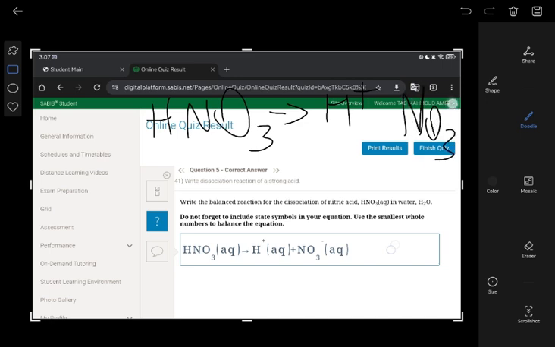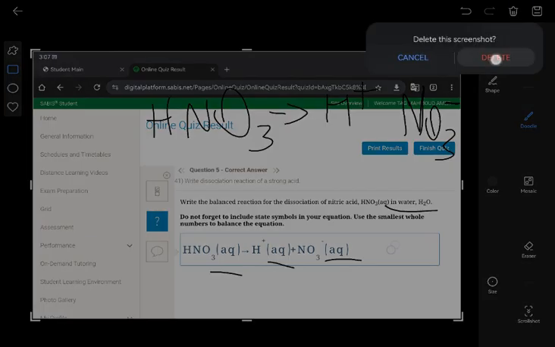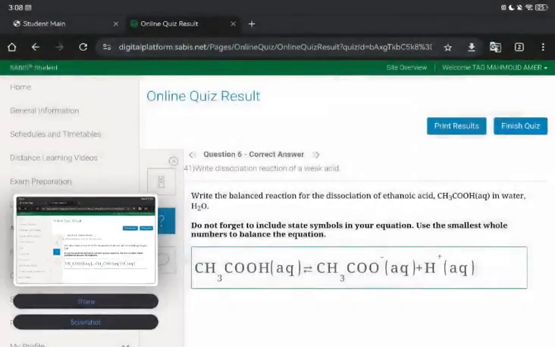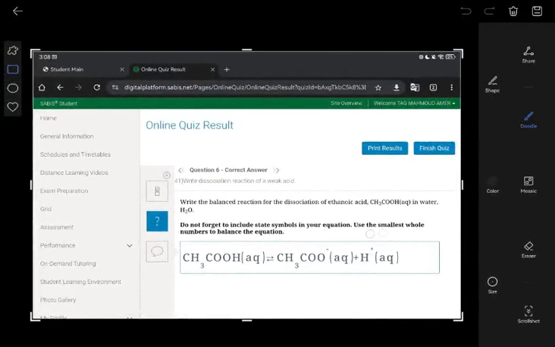It's good that it tells you in water, so you know that it's aqueous. Okay, same thing here. You're trying to just get the original, like where it comes from. So it's this one plus the H plus. That's it. Always remember, make sure the charges are correct too.